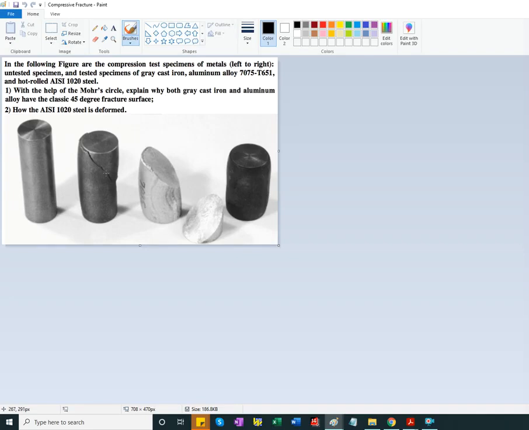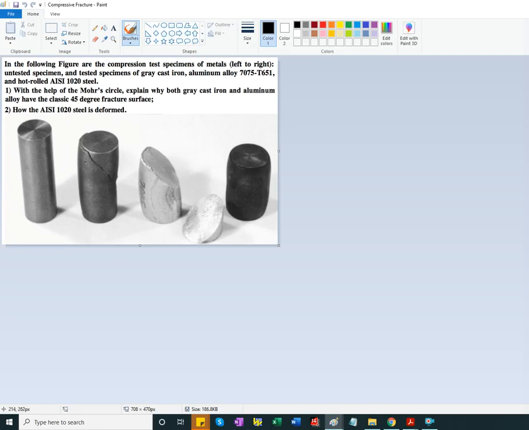If we are dealing with brittle material, and this is an iron, this is an aluminum, you can see under the compressive stresses there is some plastic deformation. So there is an increase in diameter that is visible, so some ductile behavior. But fracture occurs, as you can see, about 45 degrees from the axial direction along which the compressive stress is applied. So different materials respond differently to stresses.